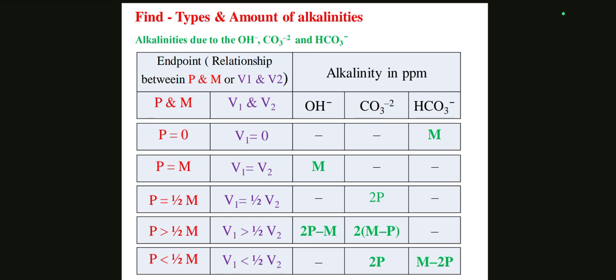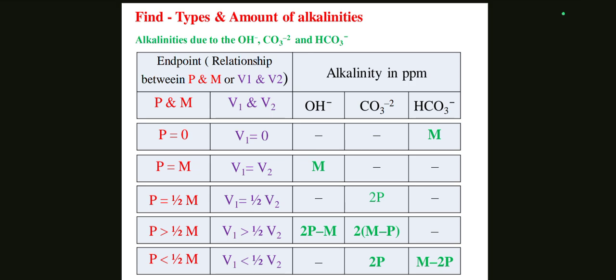It means that only one type of alkalinity is present, and that is OH minus. So below OH minus and in front of P is equal to M, you can see there is a formula: M is equal to P, means the value of P and the value of M are both the same. So only one type of alkalinity is present, that is OH minus.